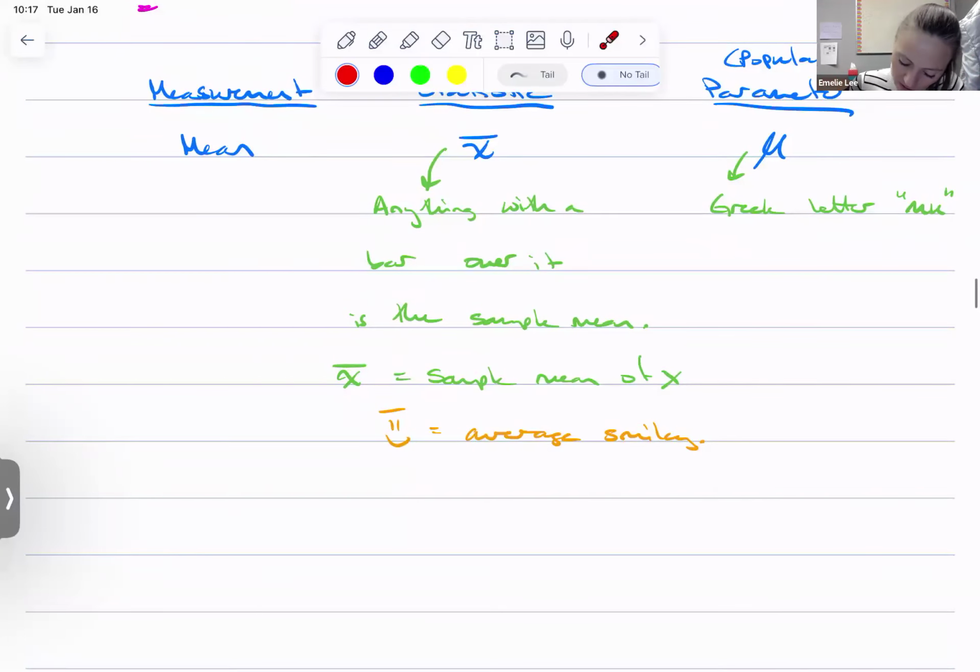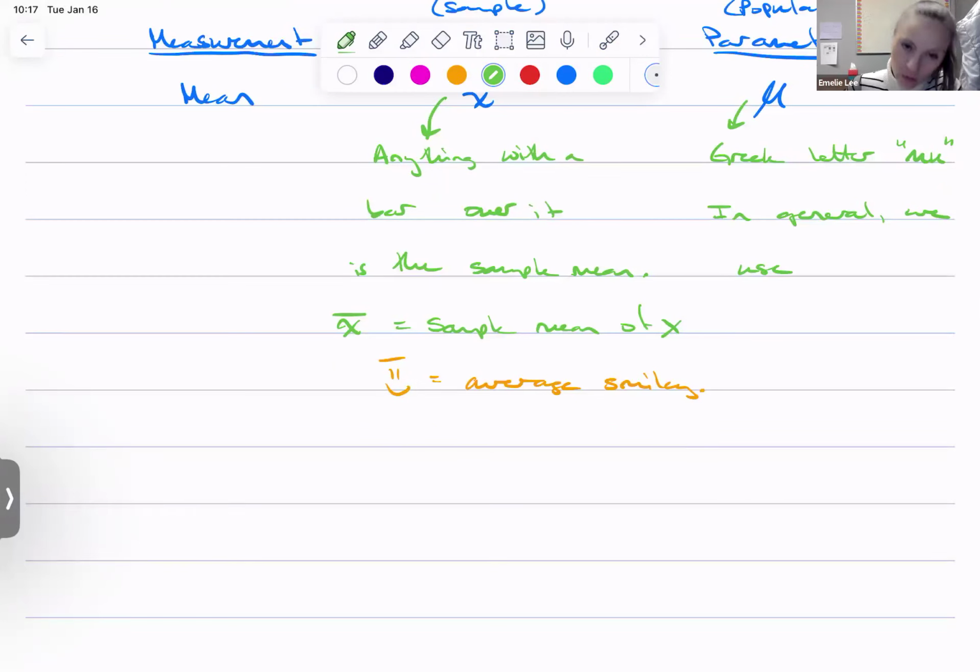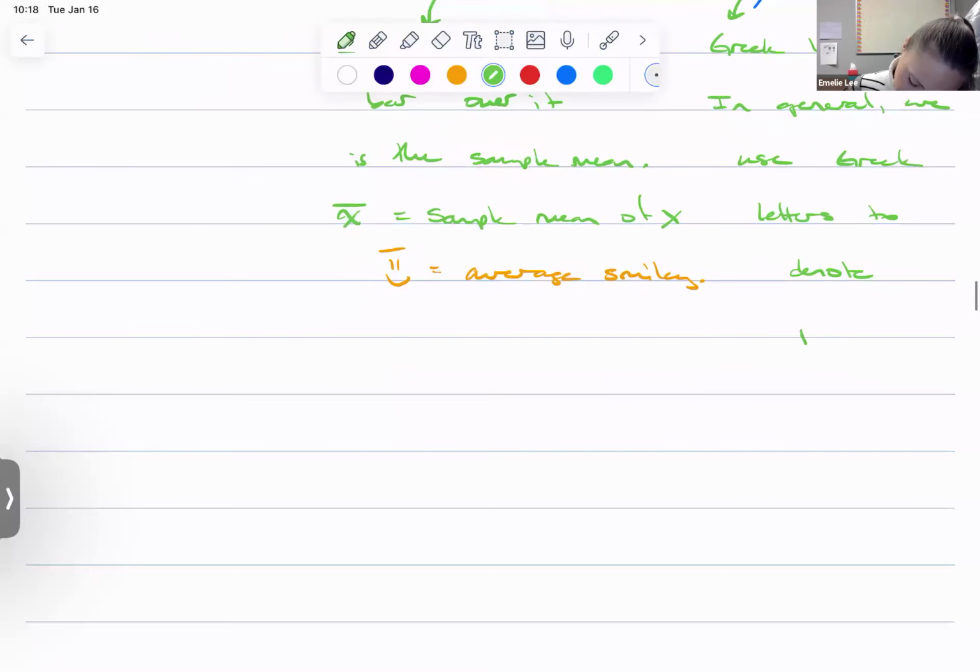Okay, and so in general, we use Greek letters to denote parameters, right? Where parameters are measurements from the population. We use Greek letters to denote parameters.